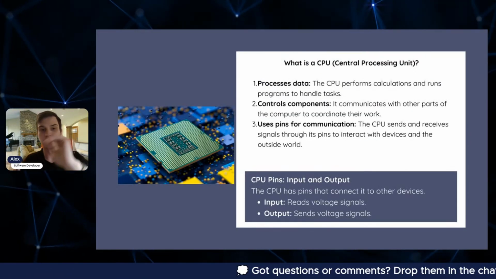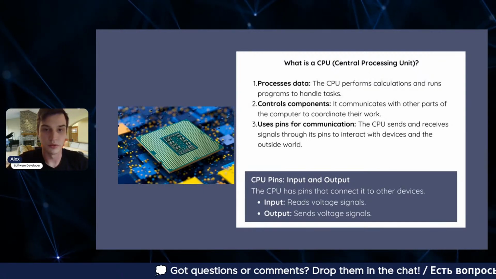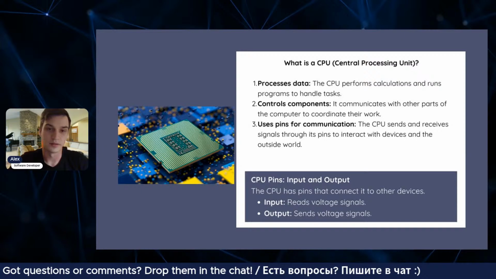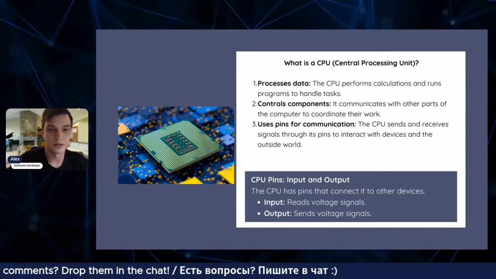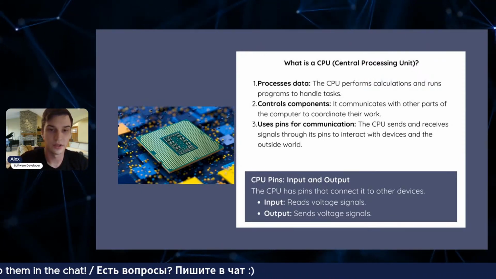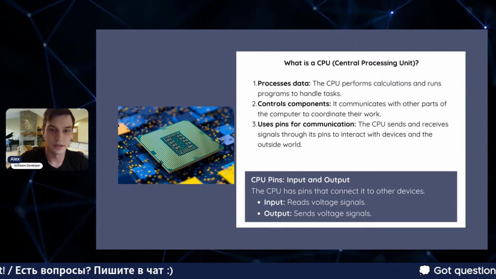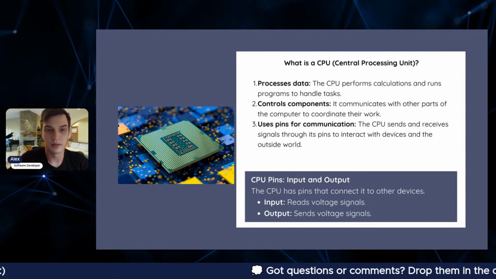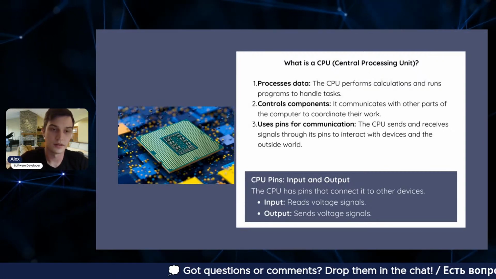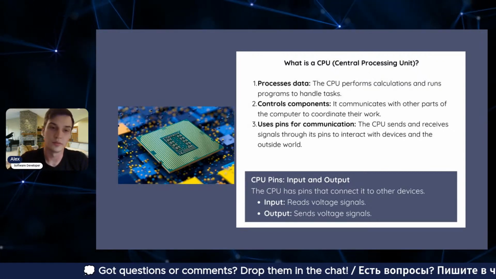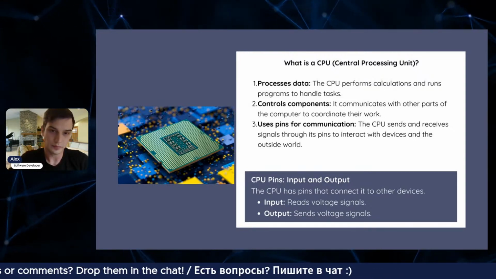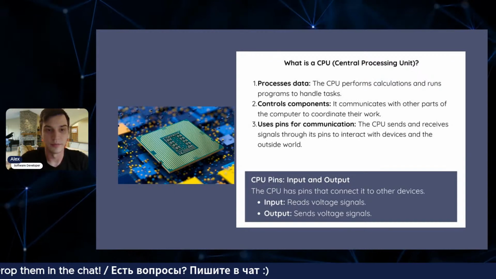The main part, the brain and the heart of the computer, is the CPU. The CPU has a number of functions, and his main function as the brain of the computer is data processing. So he takes some data, does some operations with it, maybe a sum, a multiplication, or something else, and stores it in his memory.